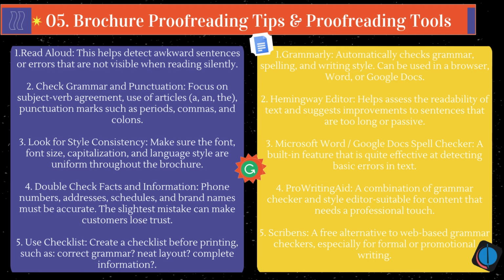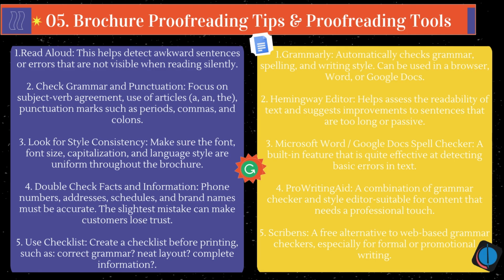Focus on subject-verb agreement, use of articles, and punctuation marks such as periods, commas, and colons. Third, look for style consistency. Make sure the font size, capitalization, and language style are uniform throughout the brochure.